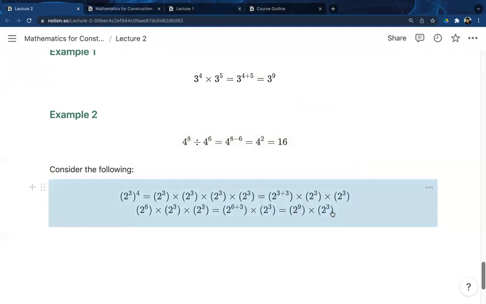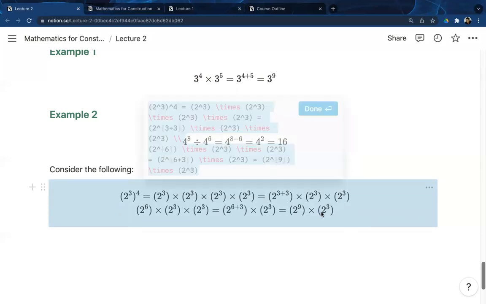So now I have 2 to the 9 by 2 cubed. And then I keep applying the first rule again and again. You have to add 9 and 3.